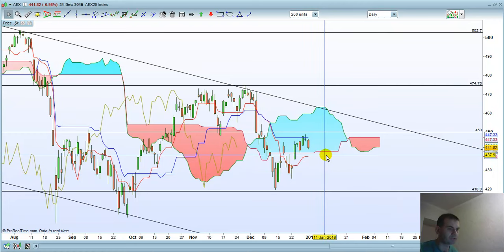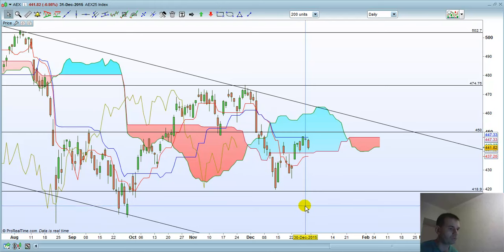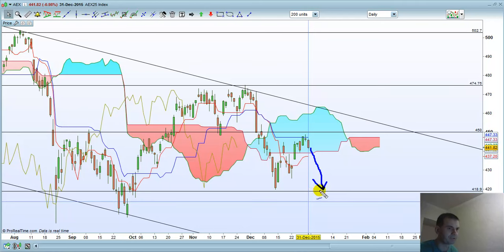If price continues, here one should sell. I think there is quite a good situation to sell, and the nearest profit goal is this support level. Profit goal is this support level.